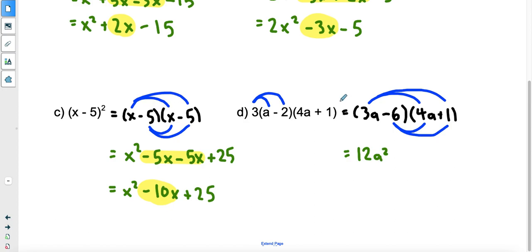Next, 3a times 1. 3a times 1 is just 3a. Next, negative 6 times 4a. Negative 6 times 4a is negative 24a. And last, negative 6 times 1. Negative 6 times 1 is negative 6.